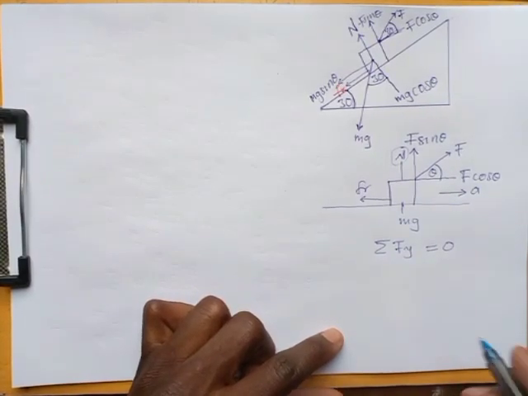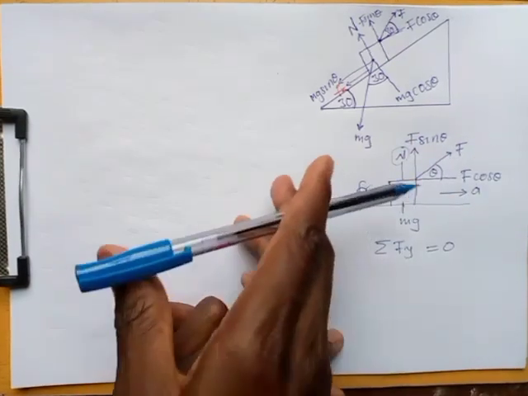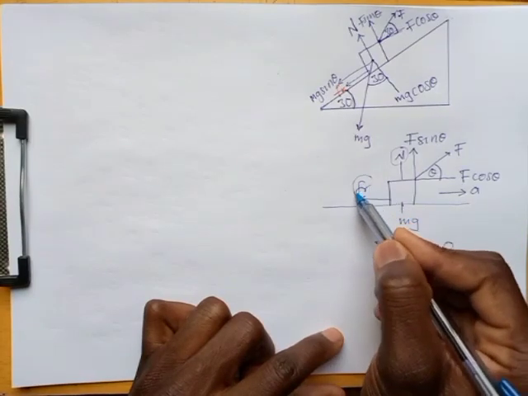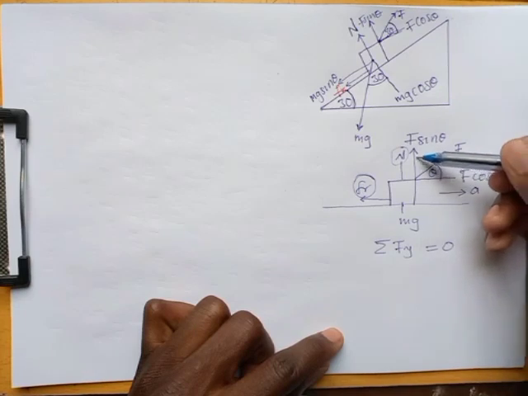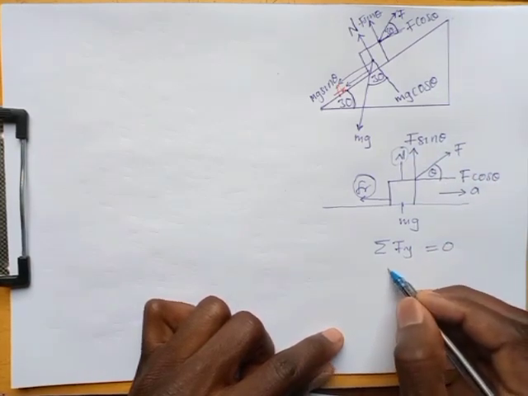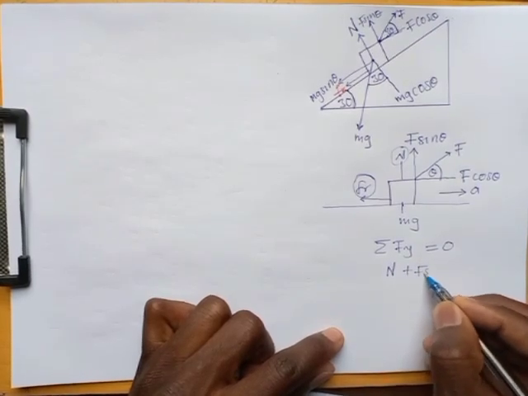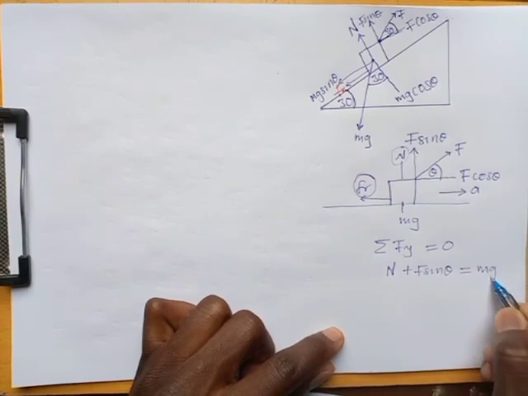So for you to understand what the normal force would be, we need the normal force at this moment because it is the only one which is related to the friction force. So the summation of these two upward forces has to be equal to the summation of downward forces. I'll say N plus F sine theta must be equal to mg.